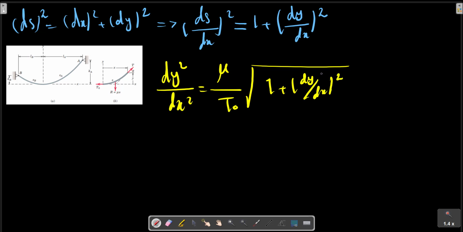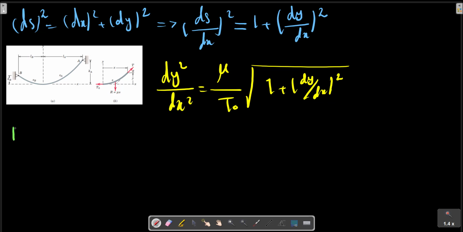This equation is the differential equation of the curve formed by the cable.